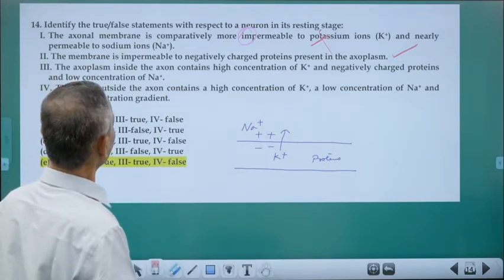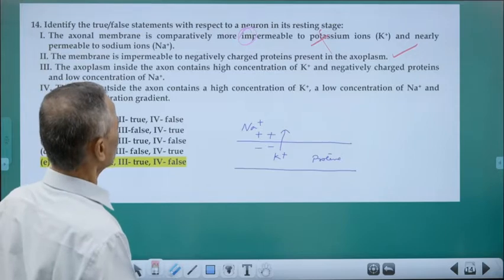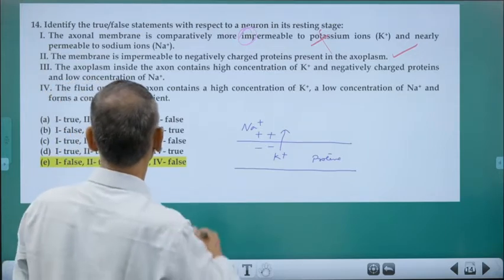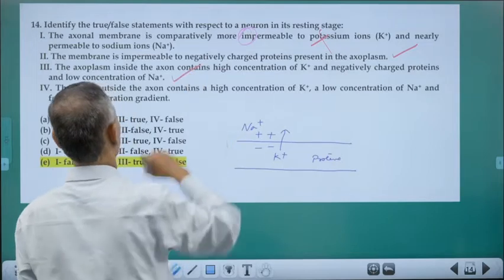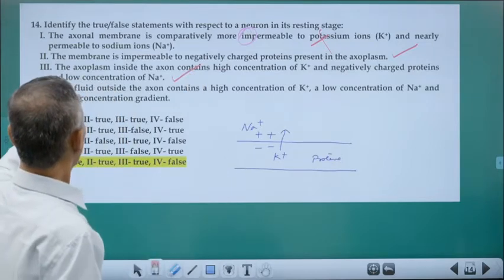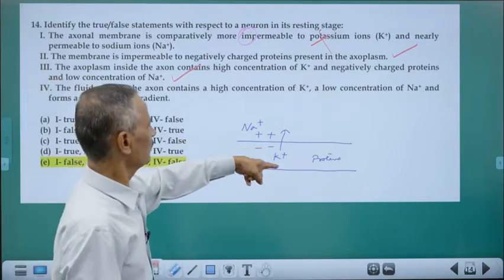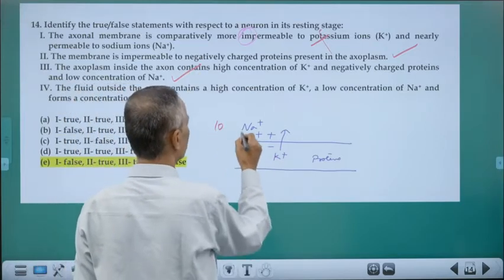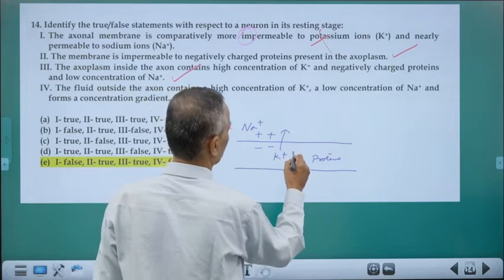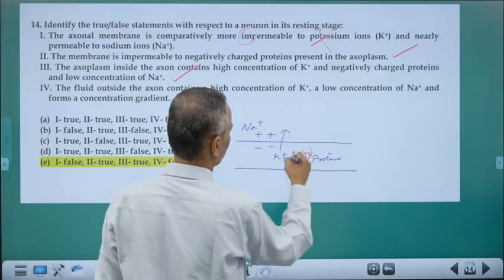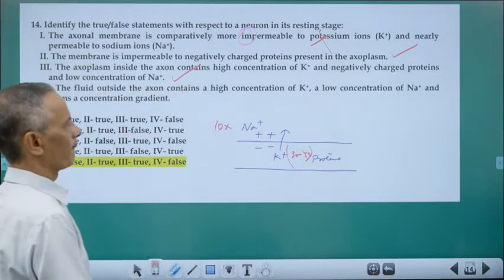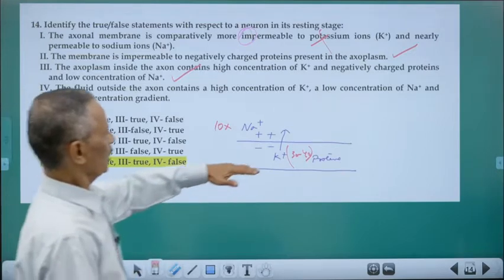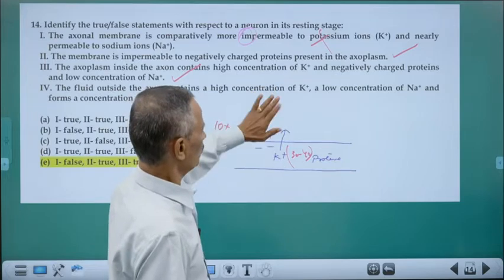Axoplasm inside the axon contains a high concentration of potassium and negatively charged protein and a low concentration of sodium. You can see that. This is the condition. Sodium is almost 10 times more outside and potassium 30 to 40 times more inside. So, from a high concentration to a low concentration, potassium is moving.